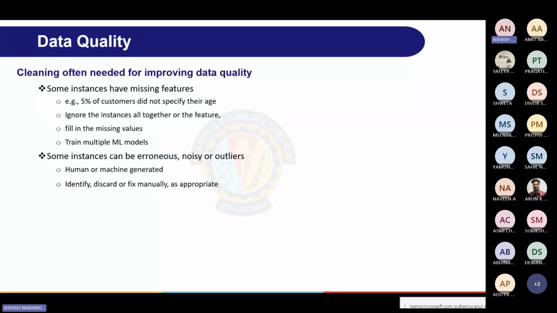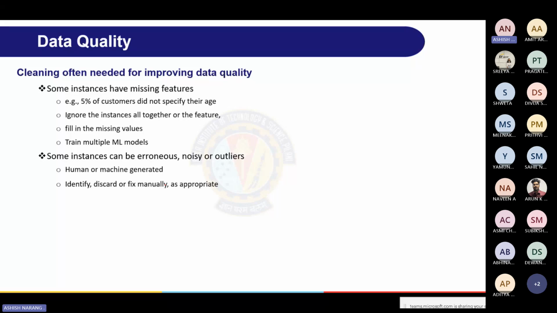So how to deal with them, right? Either we have to fill in those missing values, or I can ignore those instances where there are missing values. As well, there can be some instances which are erroneous, meaning there is noise or there are outliers within that. This could be human or machine generated.